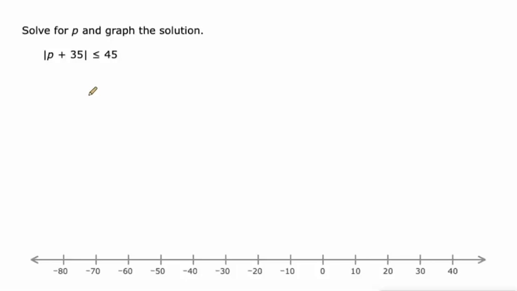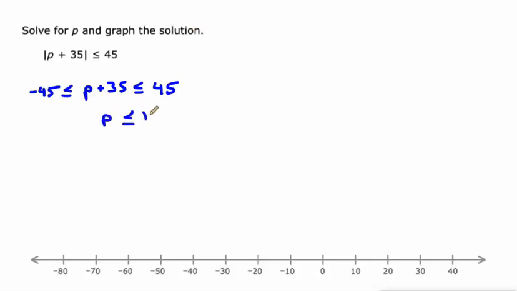The absolute value of p plus 35 is less than or equal to 45. I'm going to write an equivalent compound inequality. P plus 35 is between negative 45 and positive 45 inclusively. That means including those two numbers. And I'll solve that by just subtracting 35 from everything.